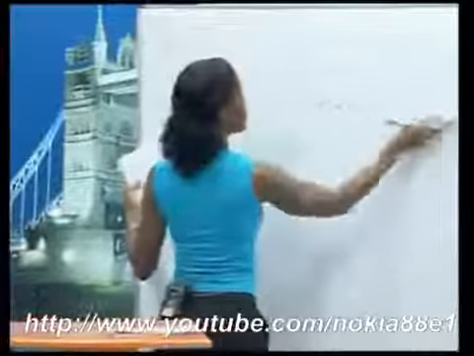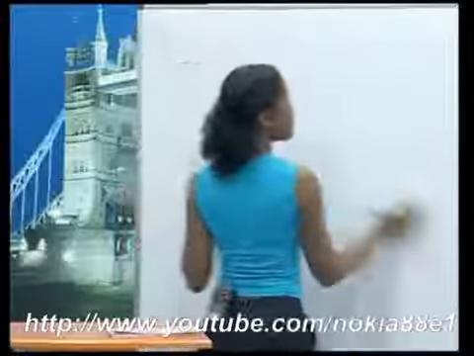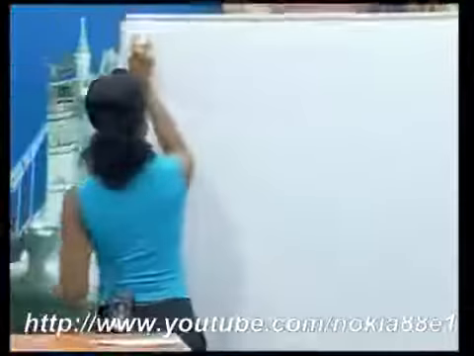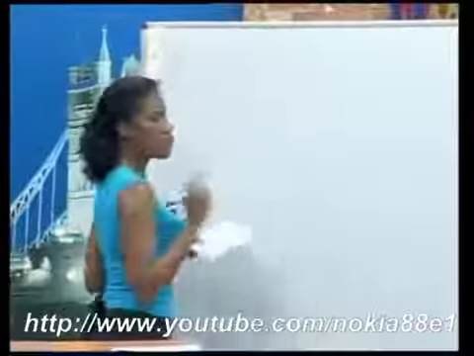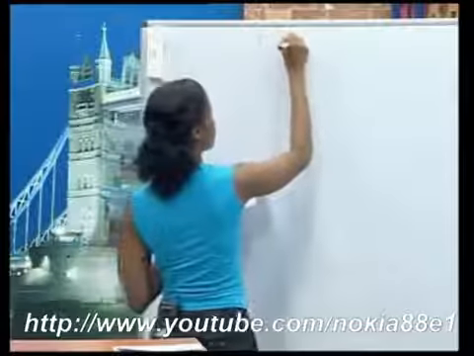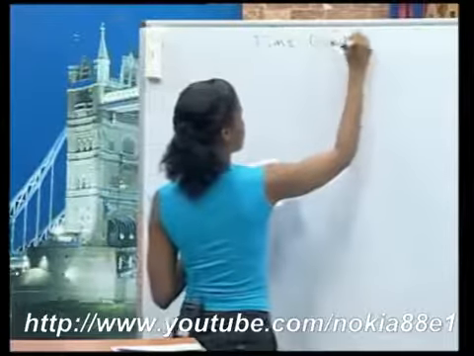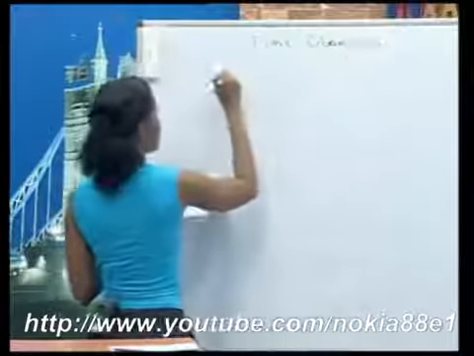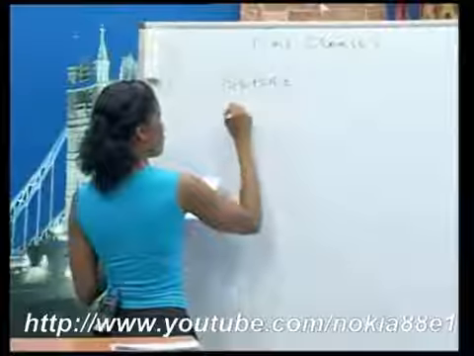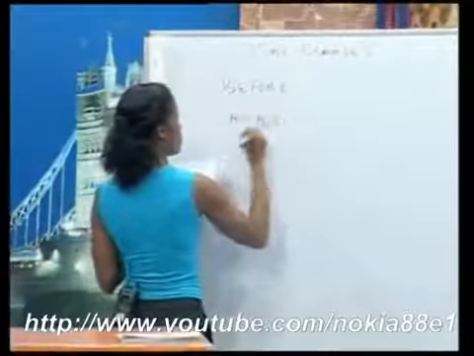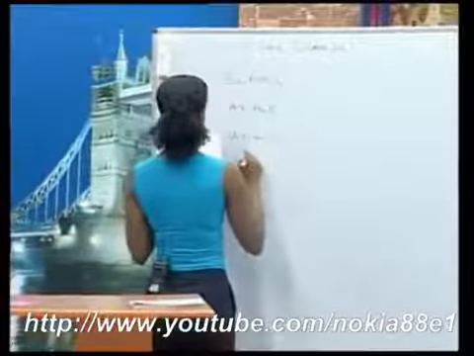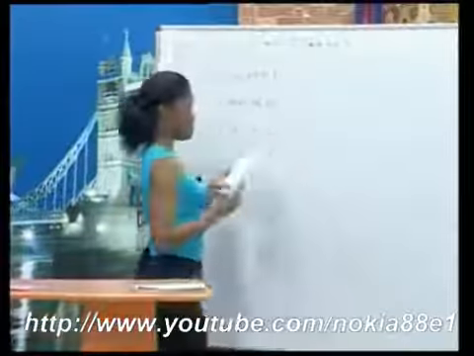So remember, our time clauses are dependent clauses, so they need to be attached to a main clause. Here are some words that can start time clauses. Okay, time clauses can begin with before, after, until, or when.